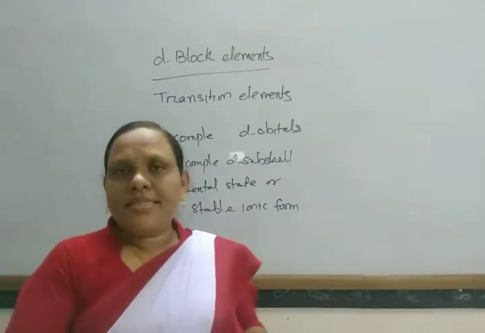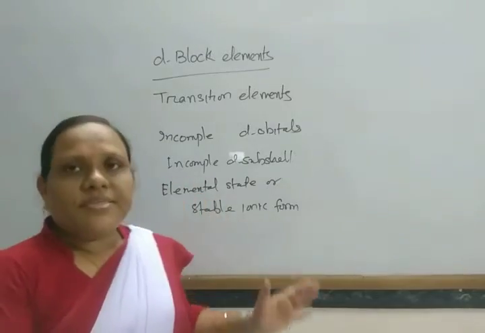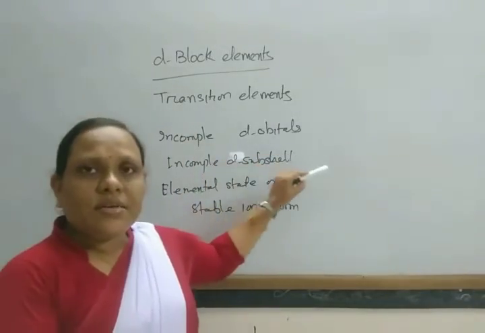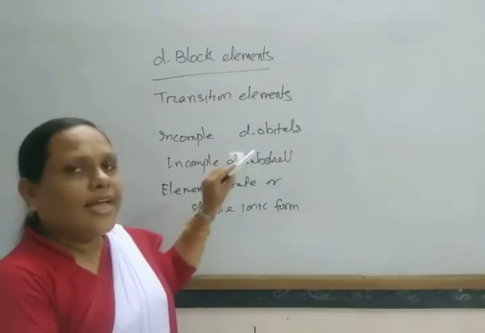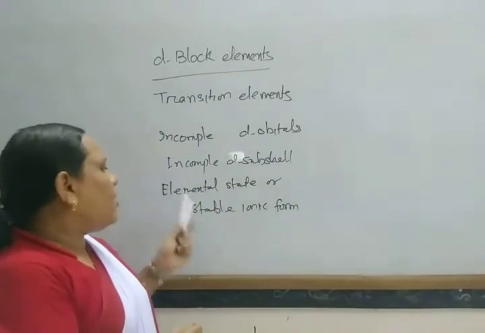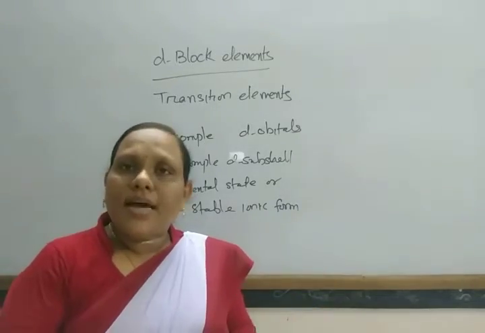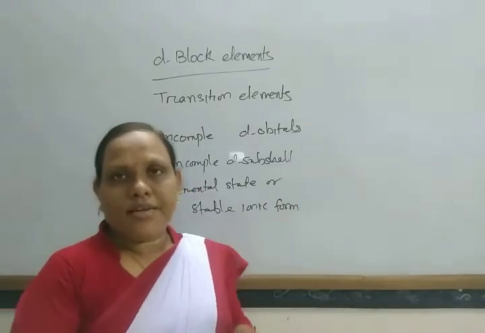So the elements whose d subshell is incomplete, either in the elemental state or in one of their stable ionic forms, are known as transition elements.